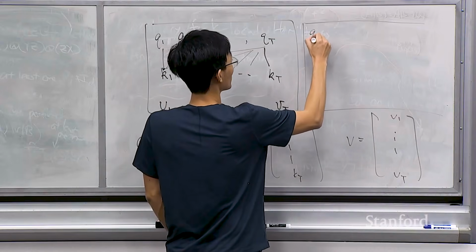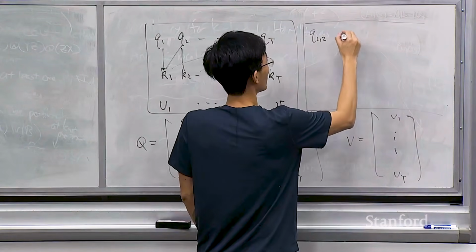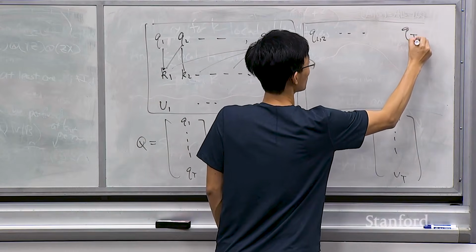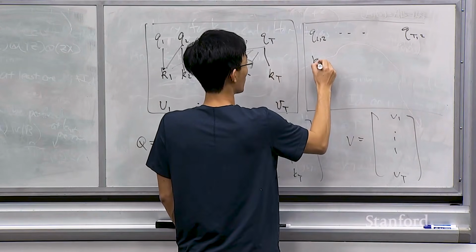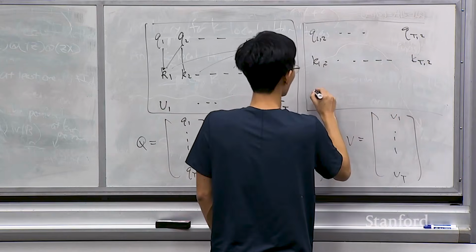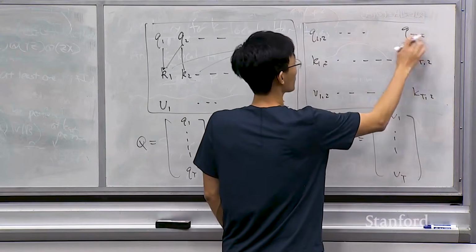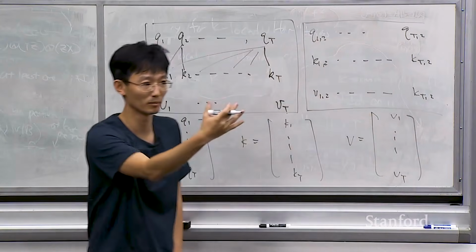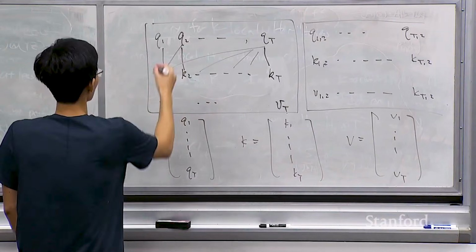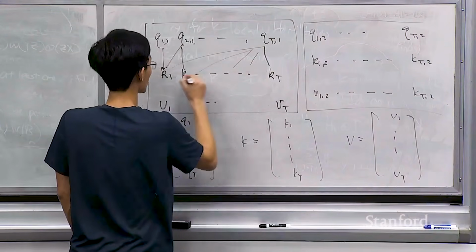Let's use 2 to indicate the second head: you have Q1 2 up to Qt 2, K1 2 up to Kt 2, and V1 2 up to Vt 2. And then you can have 3 and 4, and so on. You have a number of these heads, and this is maybe Q1 1, Q2 1, and so on.